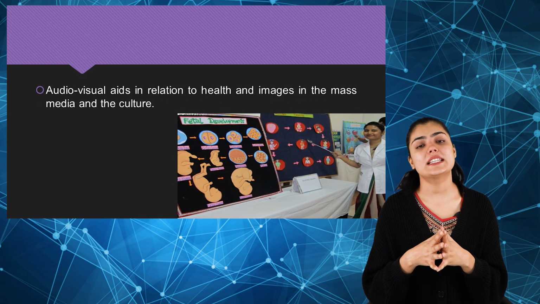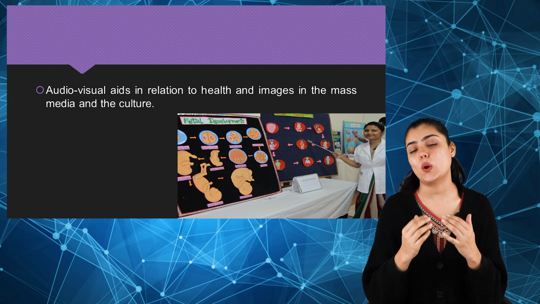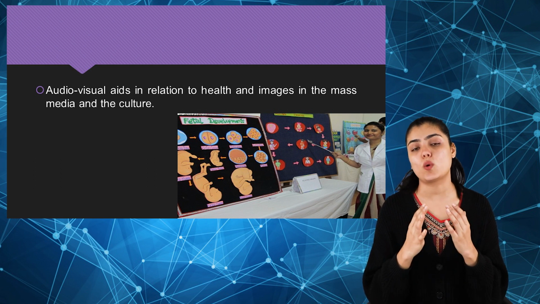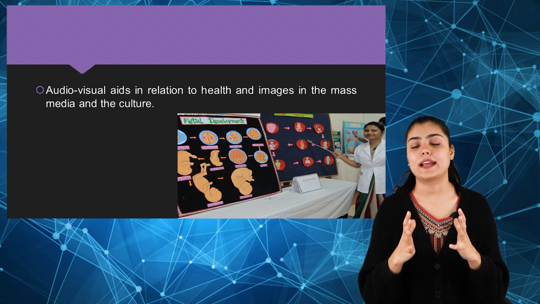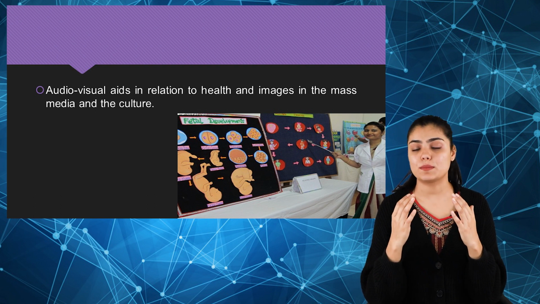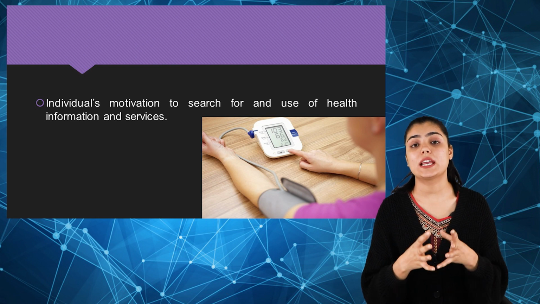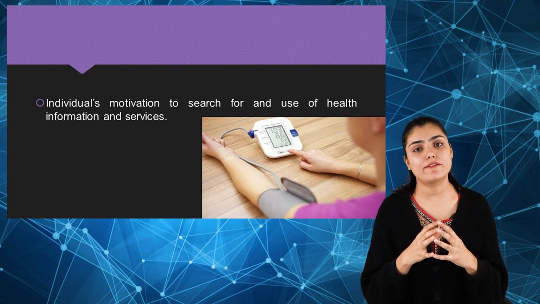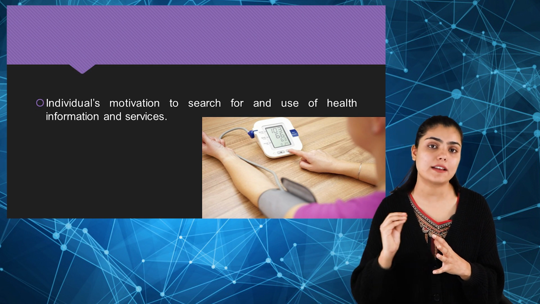The third activity that is involved in health communication is using audiovisual aids in order to communicate the message, in order to make the message more clear and precise for the entire population. Here, the audiovisual aids are used to communicate health messages to people. Another activity under health communication is to motivate the individual to find out and use various health services available.